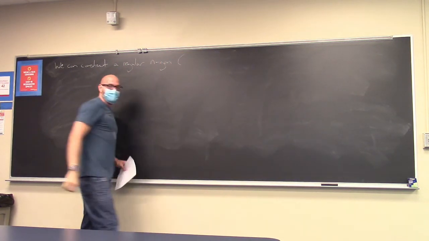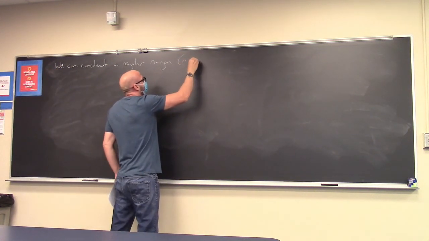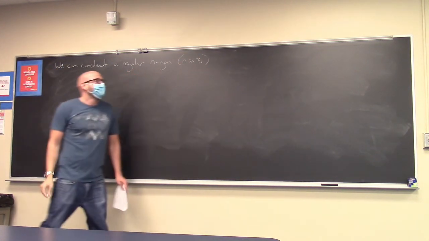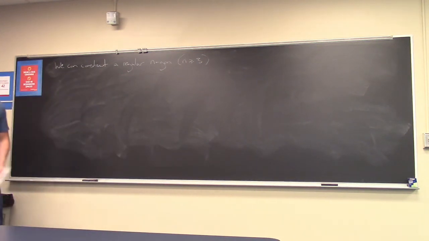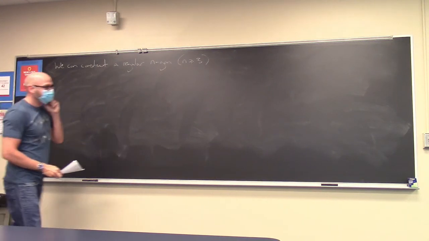And I won't often write this, but when I'm talking about n-gons, I always mean n is bigger than or equal to 3. There's no such thing as a polygon with only 2 sides. It's at least a triangle.